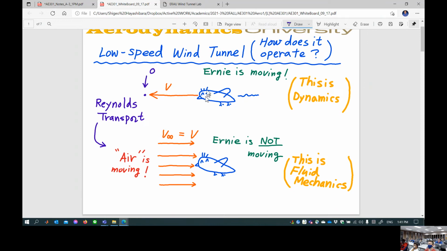Gauge 0. So right here is the stagnation point of the bird. What is the pressure? Is it the same pressure as here? No. Is it higher or lower? Higher. How much higher? V squared over 2g. Oh, that's q. q is 1/2 rho V squared. Dynamic pressure, isn't it? Yeah.